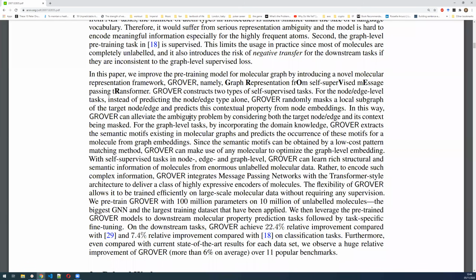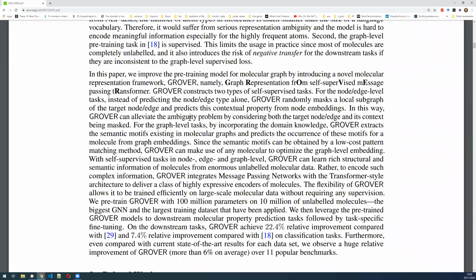Are they masking a single atom at a time, or can they mask multiple atoms? Or does it not matter? I don't know. Okay. They don't mention it. I thought if each node is an atom, and the bonds between the atoms are the edges, then I'm just curious as to how much of the graph they're masking.